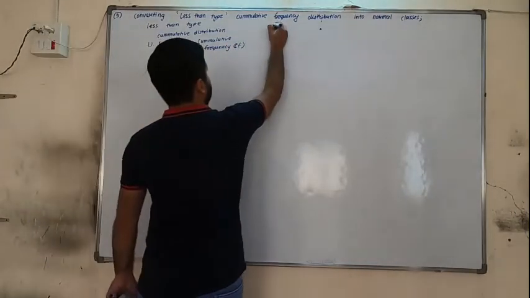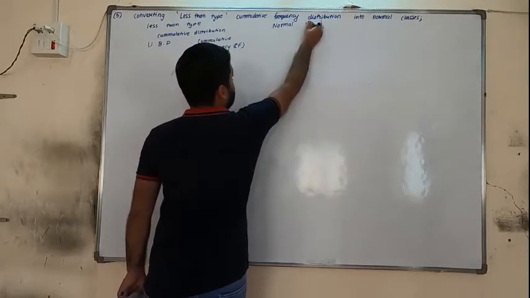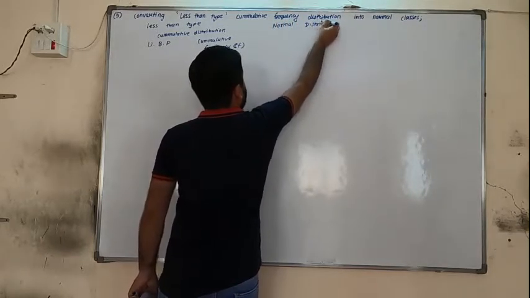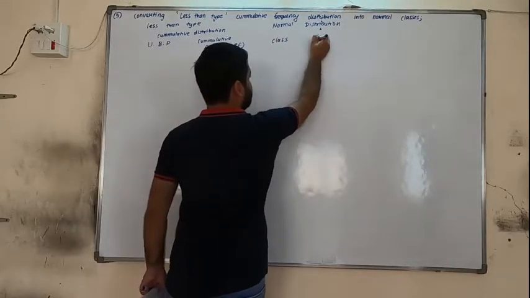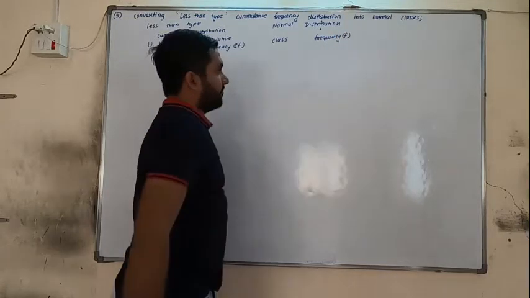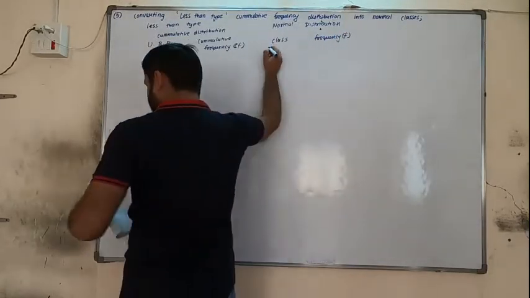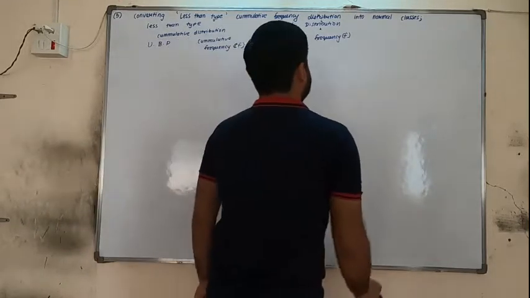Now we will convert it into normal class. So in the normal distribution, we will obtain class from it and frequency f from it, and this class will be minutes. The unit is in minutes.